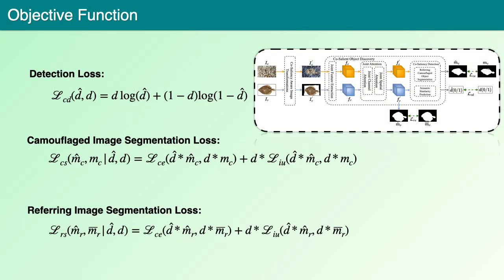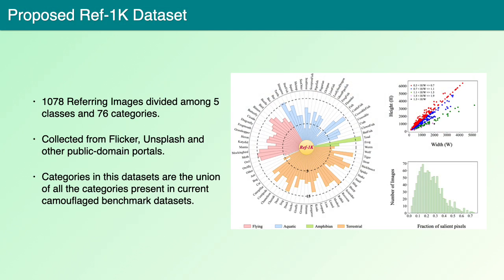Here we show the loss function to train the network. There are two main losses, detection loss and camouflage object segmentation loss, and one auxiliary loss, referring image segmentation loss. To support our idea, we propose a new dataset called Ref1K, which consists of 1000 plus referring images divided among 5 classes and 76 categories.